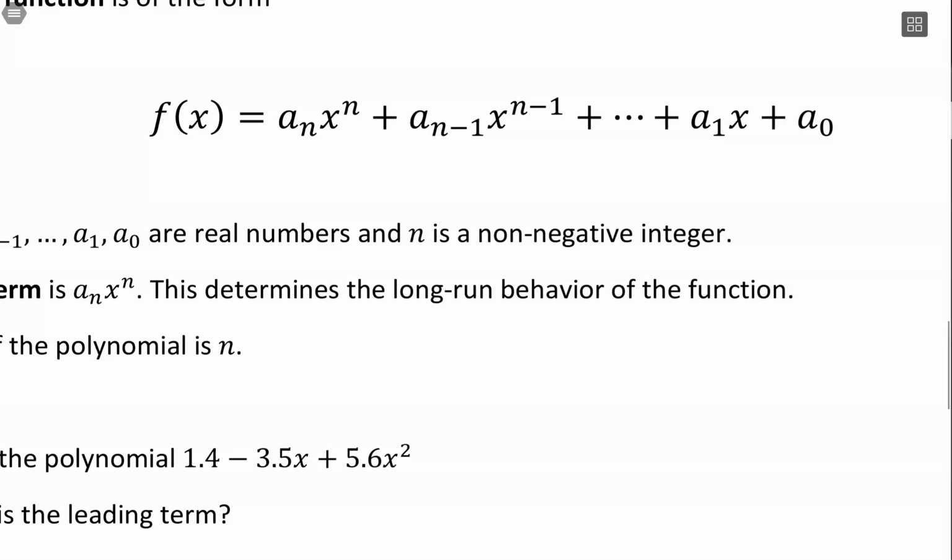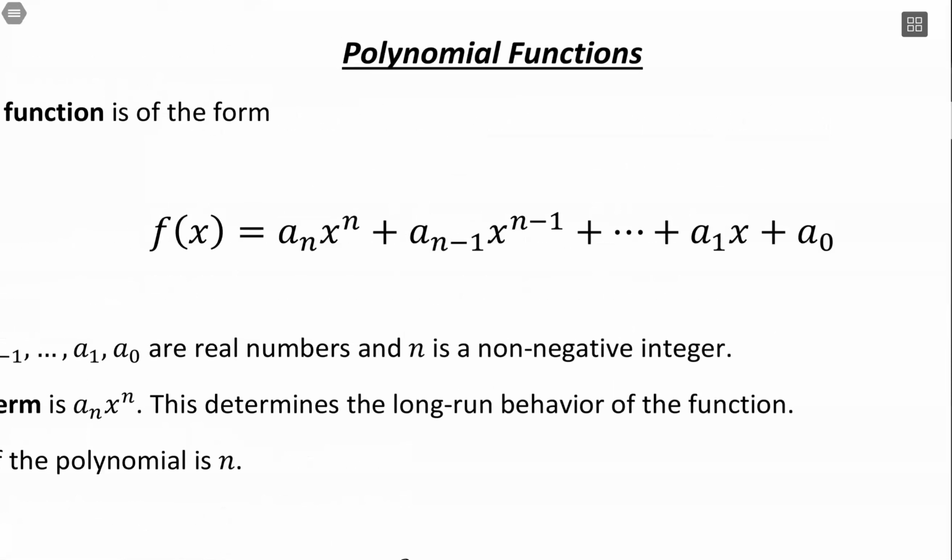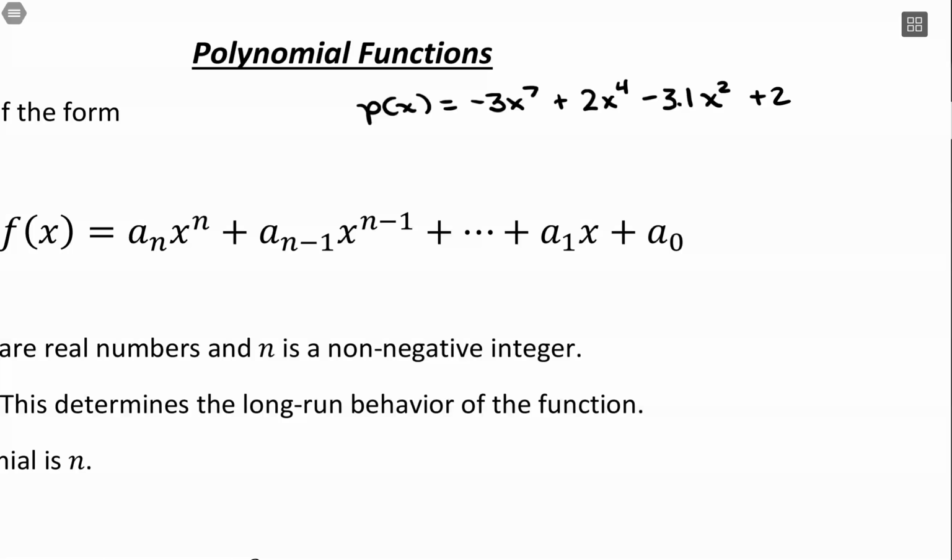So for example, let's say I had some polynomial function that was negative 3x to the 7th plus 2x to the 4th minus 3.1x squared plus 2. That right there is a polynomial function.